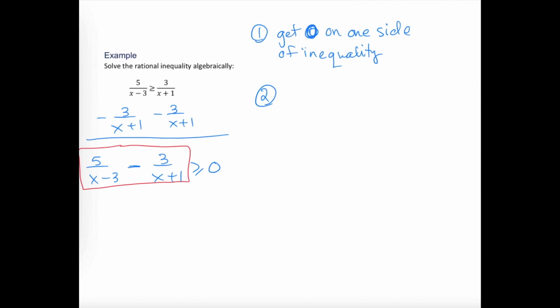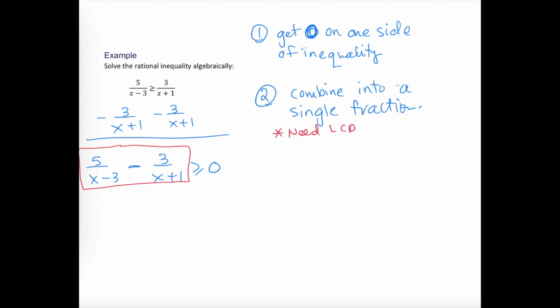We're going to have to combine them into a single fraction before we proceed, because whether we're graphing or using the boundary point method, we need a single put together fraction to find the zeros of the numerator and the zeros of the denominator. Those kinds of actions are performed on a rational expression that is one put together fraction, not two rational expressions that are subtracted.